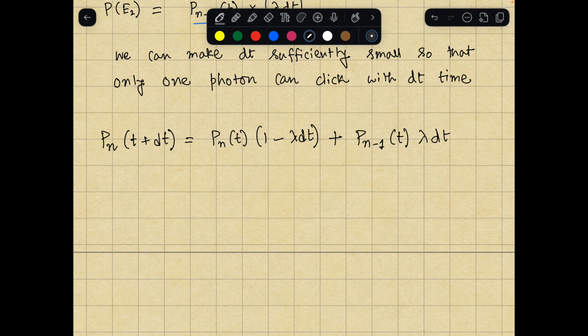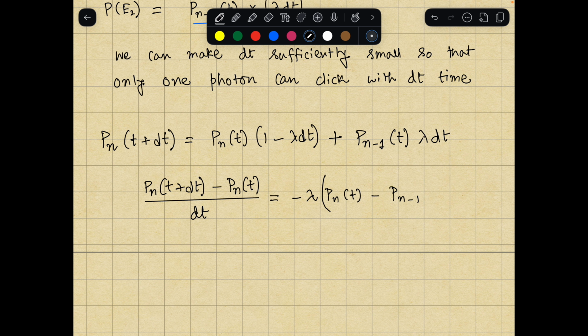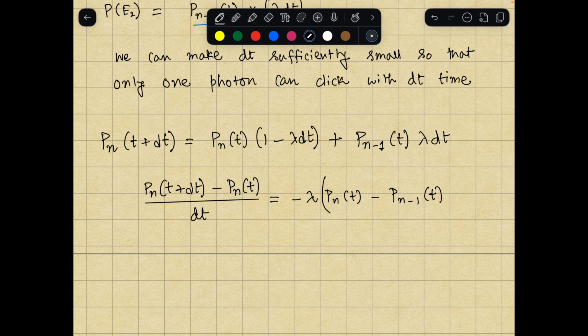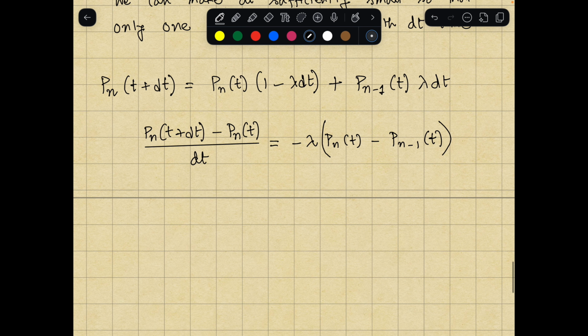Now we can rearrange the terms to get the equation: Pn of t plus dt minus Pn of t, divided by dt, equals minus lambda times Pn of t minus Pn minus 1 of t.